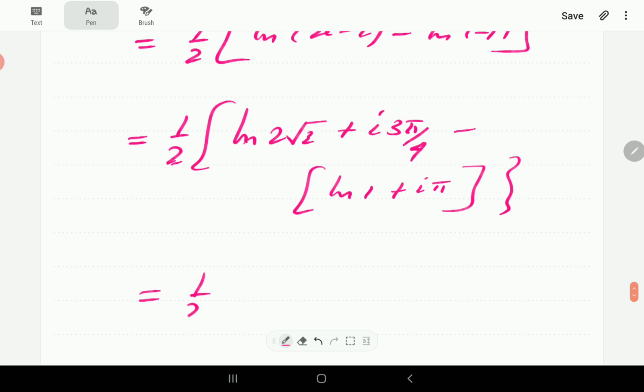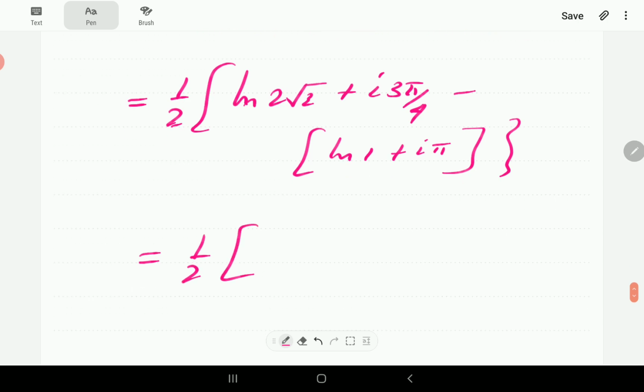So when we combine these, ln 1 is 0, so this one is going to disappear. So it's going to be ln of 2 root 2 plus, I think it's going to be 7i pi over 4.